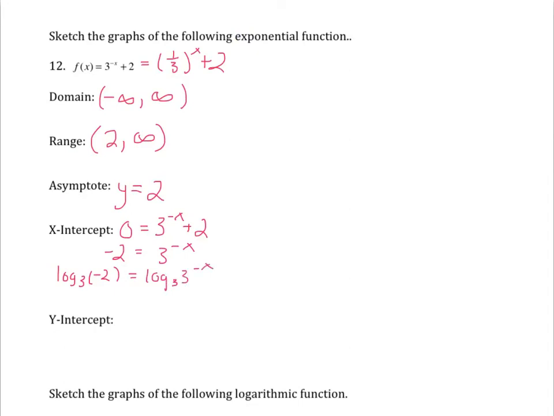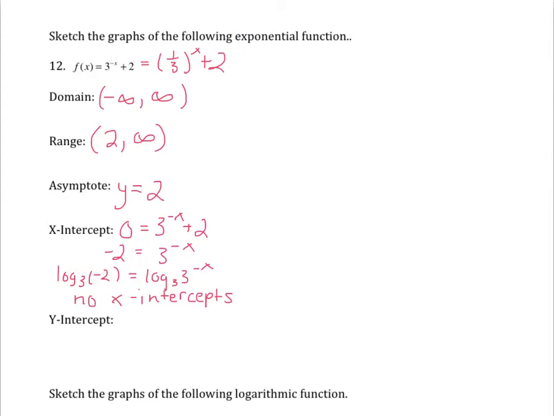And in this case, we run into a problem because we can't take log base 3 of a negative number, which means that we don't have any x-intercepts. And that kind of makes sense because our range goes from 2 to infinity, so we won't ever cross the x-axis. Our graph will always be above the line y equals 2.